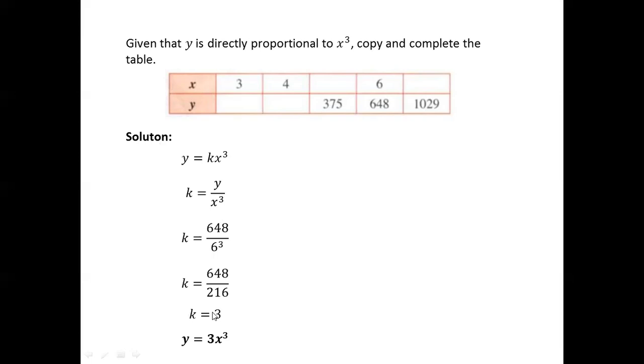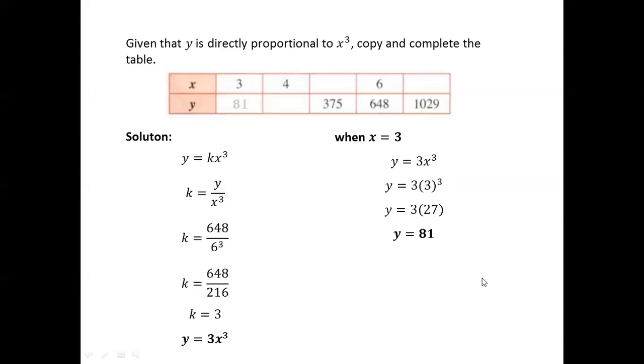We then use this equation to solve for the missing y values and x values. For the first one, when x is equal to 3, we substitute 3 to x. We now have 3 cubed. 3 cubed is 27. 27 multiplied by 3 is 81.